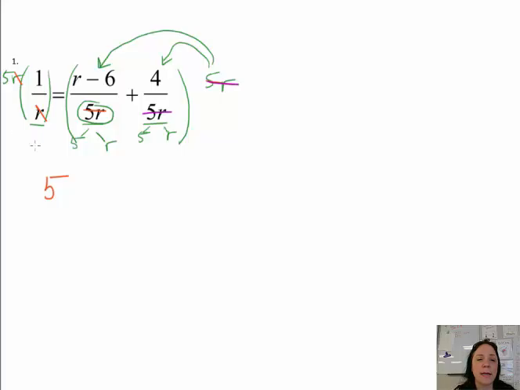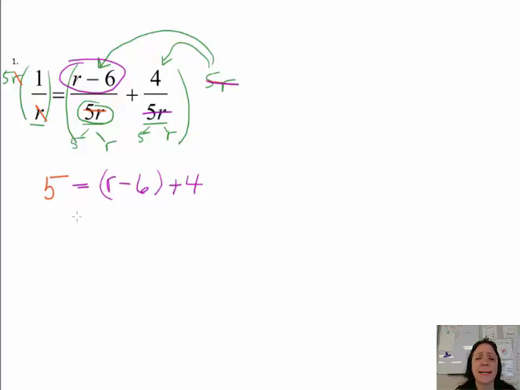So I end up with 5 equals (r minus 6) plus 4. I put those parentheses in here. They don't matter to this problem, but sometimes they do, so it's good practice to keep the top of one of your fractions all together in parentheses so you don't get in trouble when it's being subtracted.